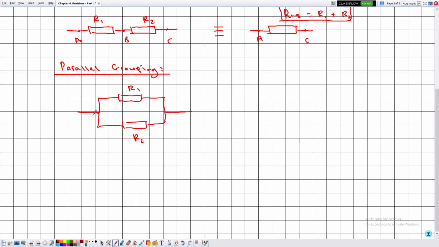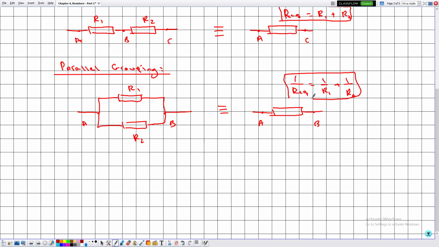Because the 2 terminals are in common. This is the point A and this is the point B. So notice that in this case no point will disappear, and this is R equivalent that replaces R1 and R2. But now the relation between R equivalent, R1 and R2 is that 1 over R equivalent is equal to 1 over R1 plus 1 over R2.